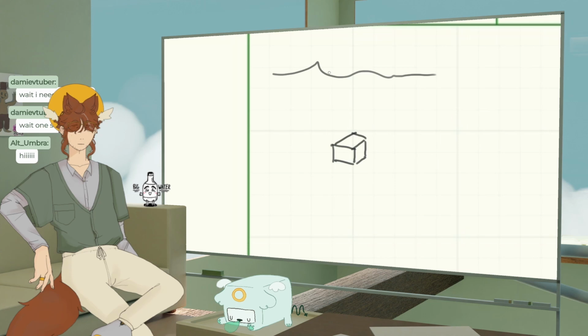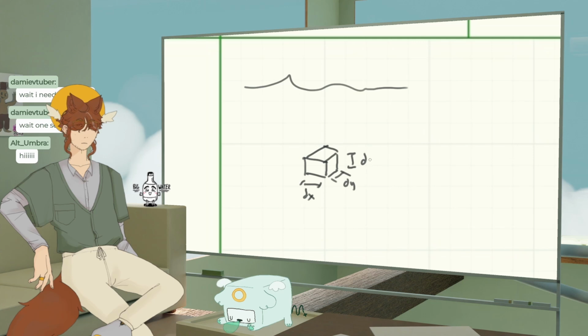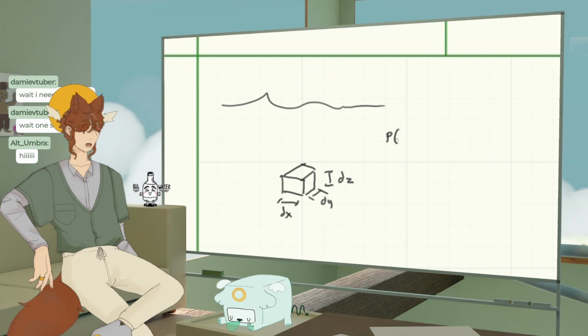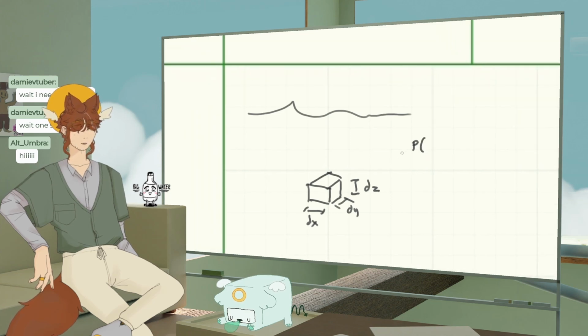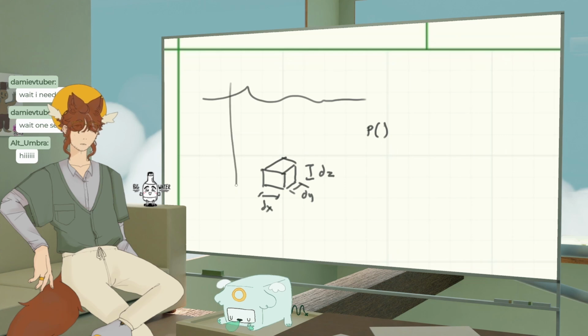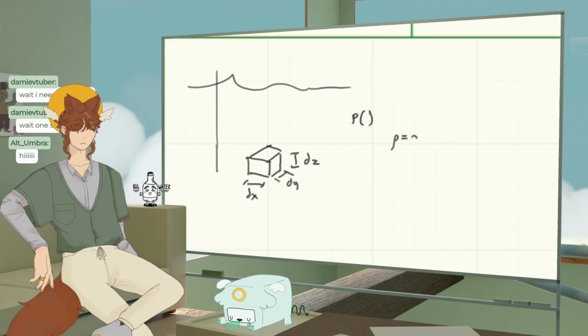If this is dx, this is dy, and this is the dz direction, we can prove that for any pressure field, whether it's variable or just from gravitational energy, it varies linearly with depth if that pressure field is linear, which means we'll have our rho g h equation for pressure.